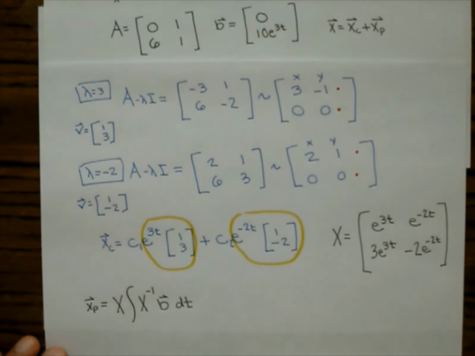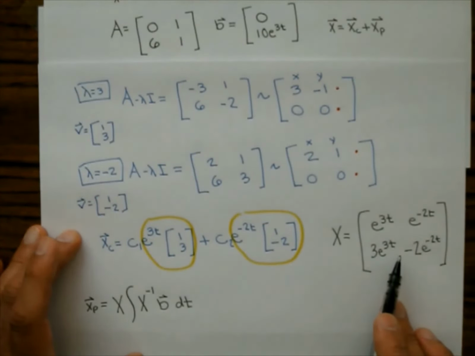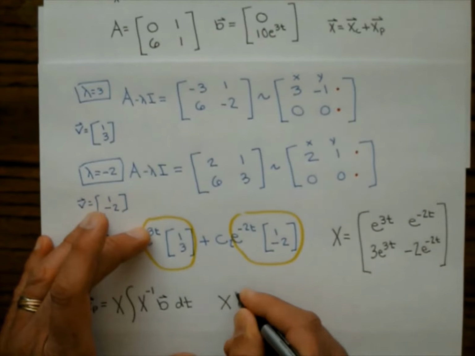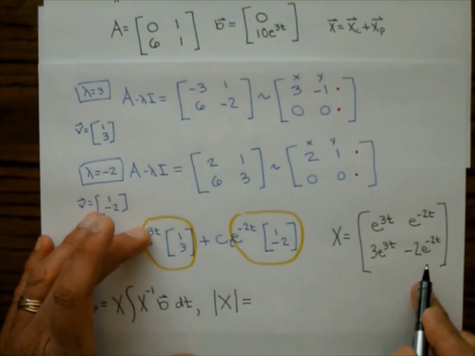So let's see if we can do this. I have my fundamental matrix here. What I want to do first of all is take the inverse, but before I take the inverse, I should probably see what the determinant is, because I'm going to go 1 over the determinant and do the shortcut for the inverse. So the determinant of the fundamental matrix is AD minus BC.